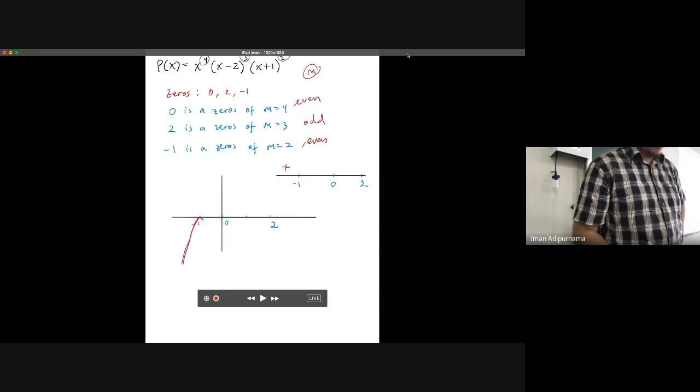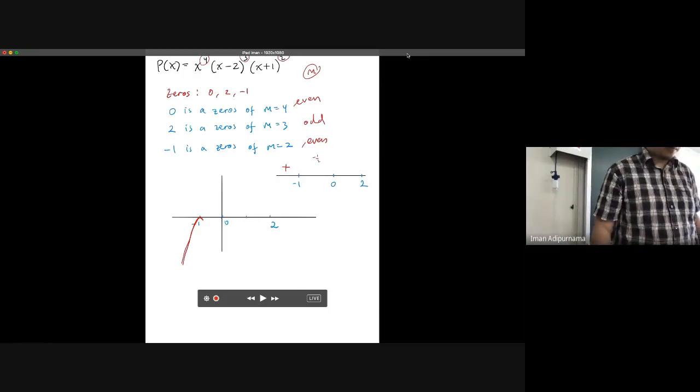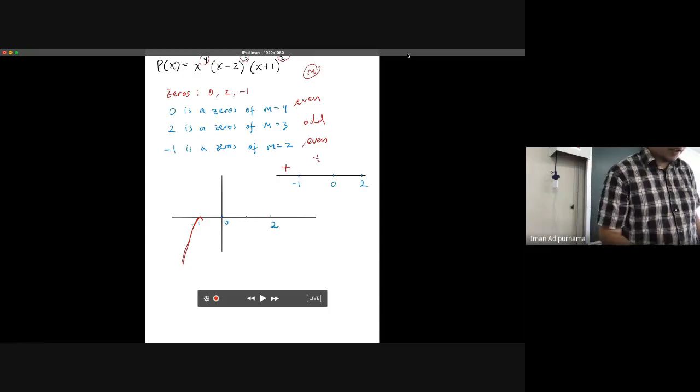And in between -1 and 0, we can try negative half. Is it positive or negative?